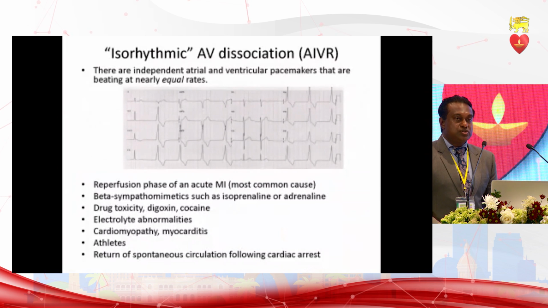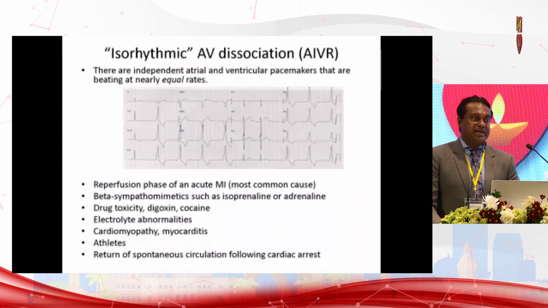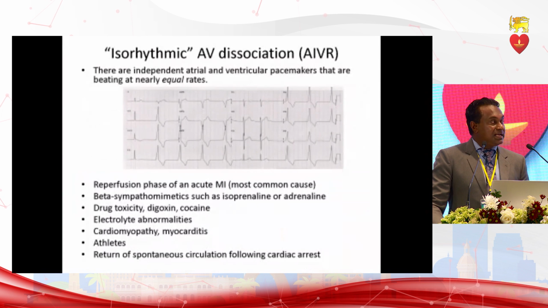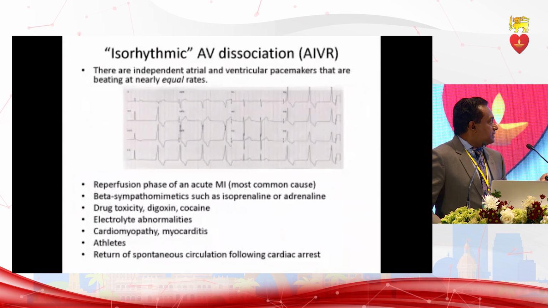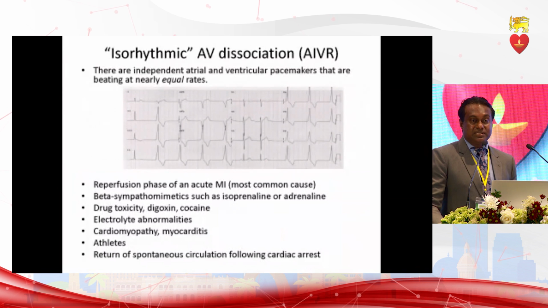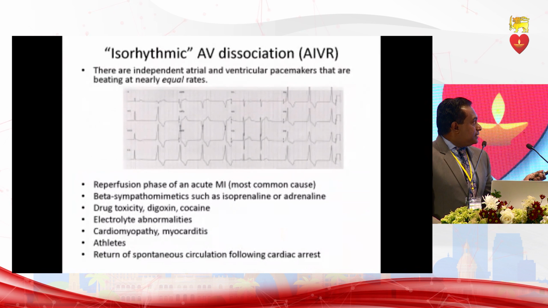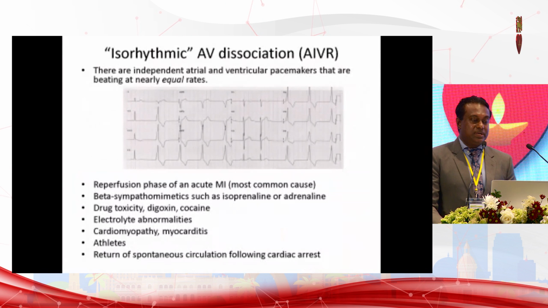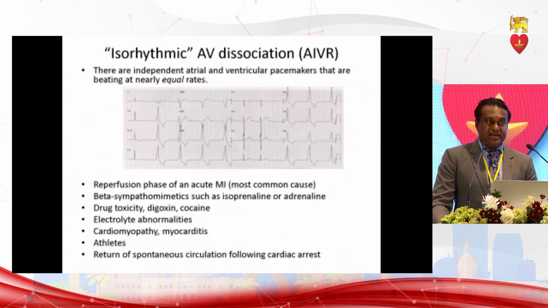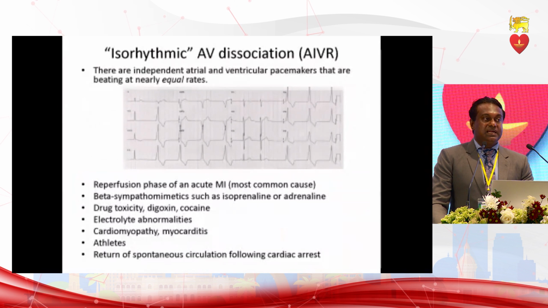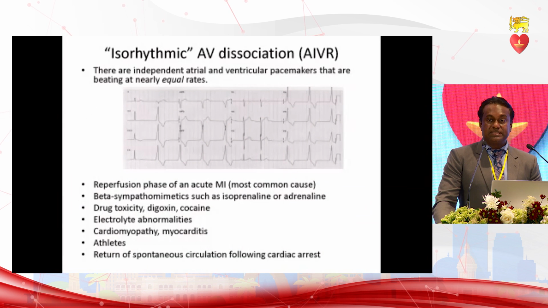Again, this is another isorhythmic AV dissociation that we might see, where a ventricular rhythm is competing with the sinus beat. So we call it idioventricular, or an accelerated idioventricular rhythm. In electrophysiology, sometimes they call it slow VT.